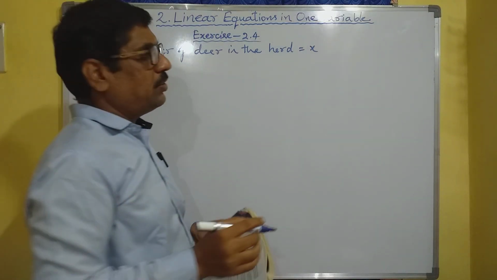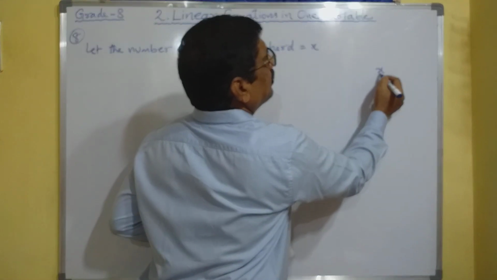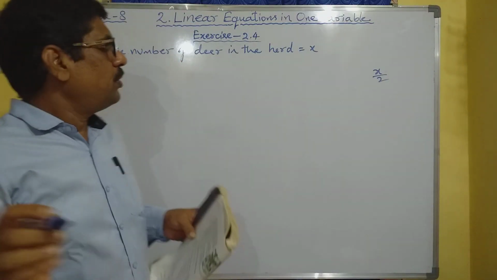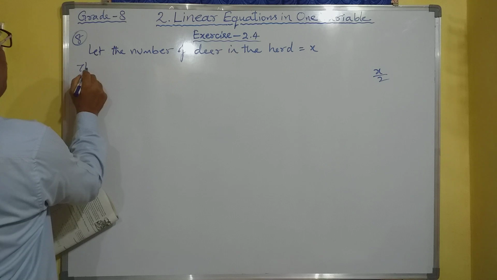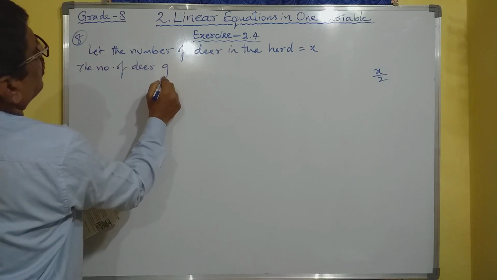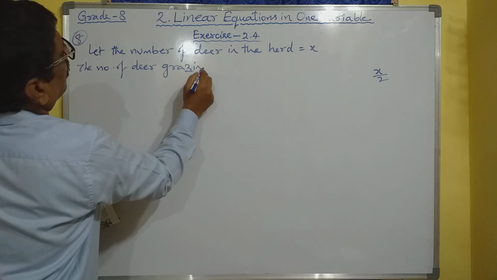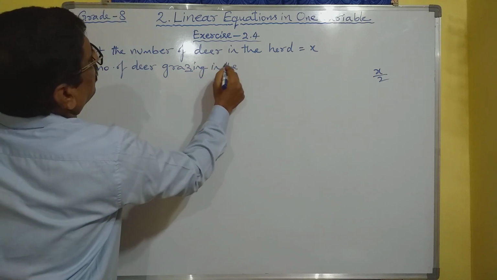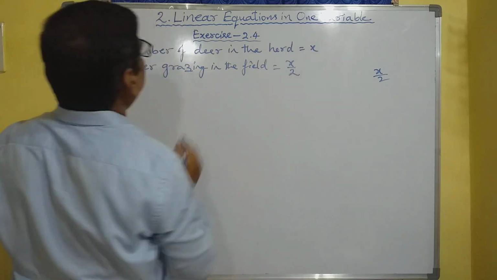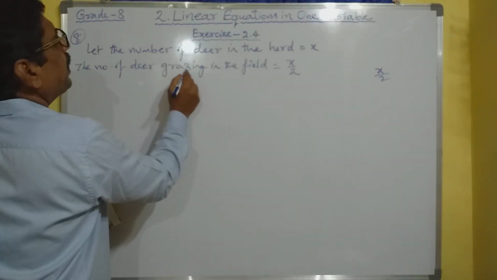Now here you look at this. Half of them means x by 2 are grazing in the field. Means the number of deer grazing in the field is equal to x by 2. Half of them means x by 2.